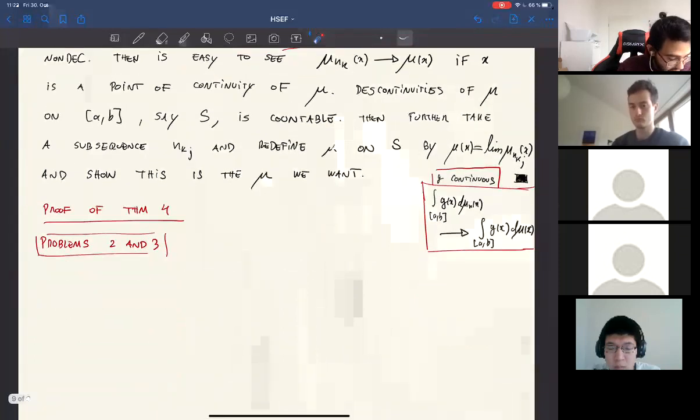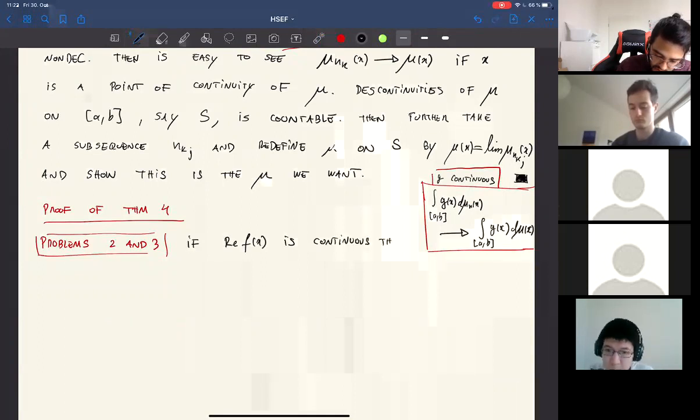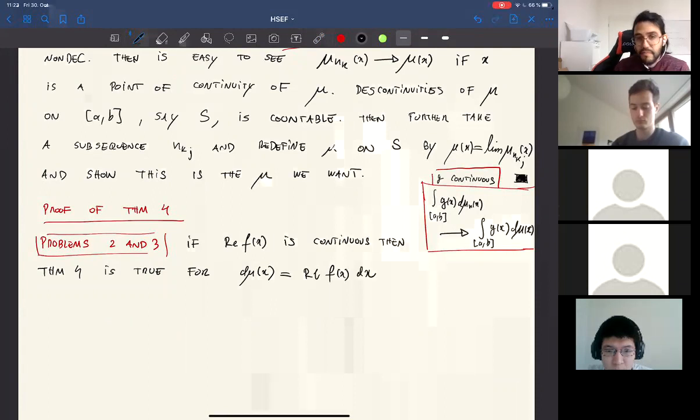So they say if the real part of f(x) is continuous, then theorem 4 is true, and then mu(x) would just be the real part of f(x) dx. That's what the results of problems 2 and 3 show us.